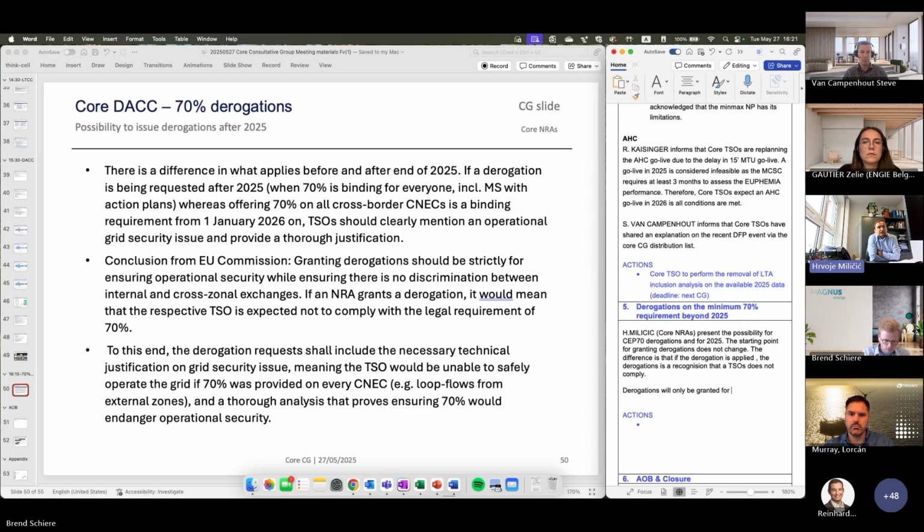So in a nutshell, it is possible also to issue the derogation next year, but of course, as in the past, it should be really focused on guaranteeing system operation and system security, and also not making any discrimination between internal and cross-zonal exchanges.